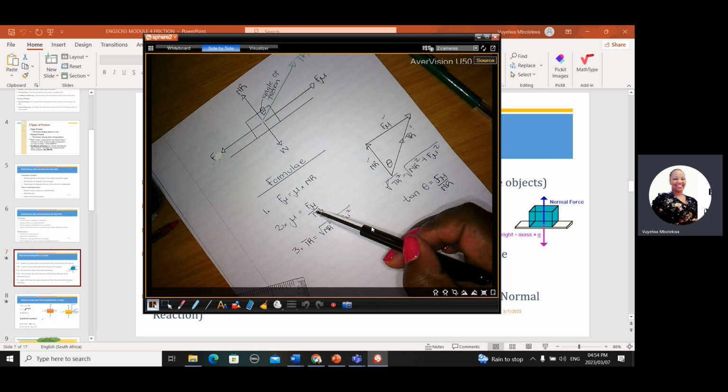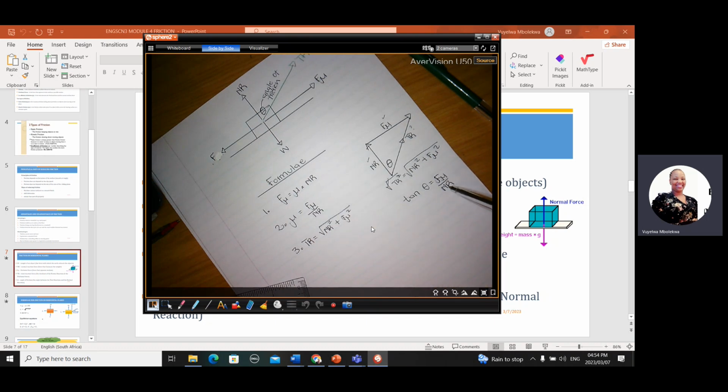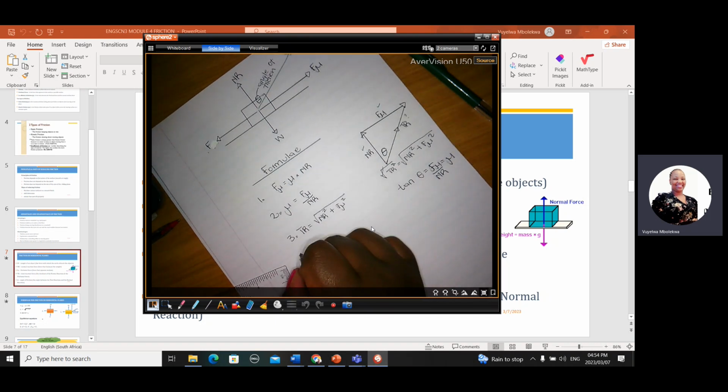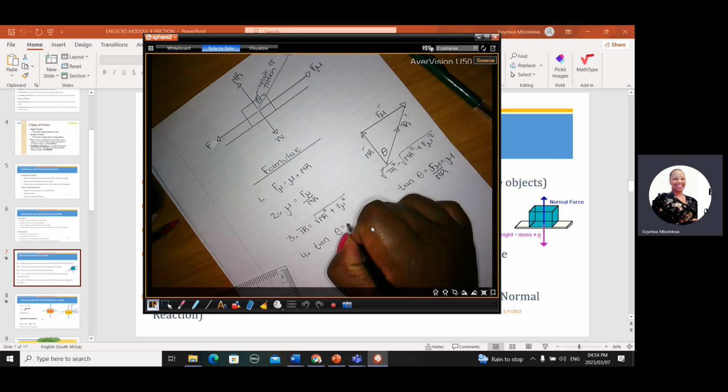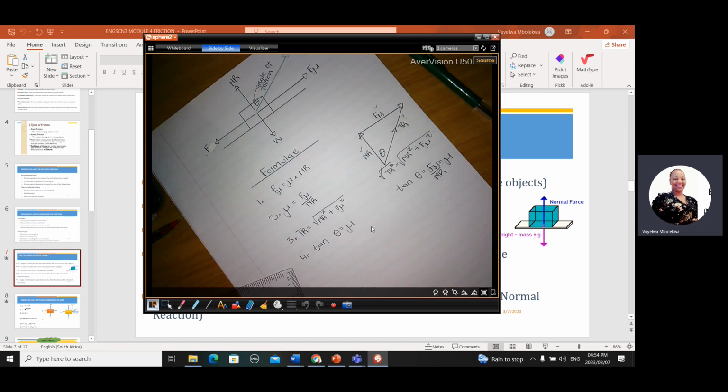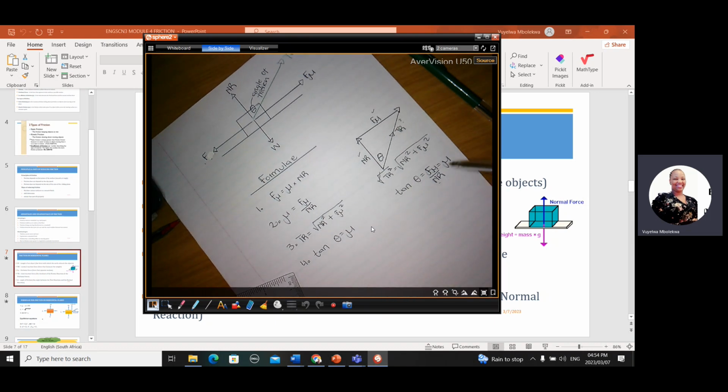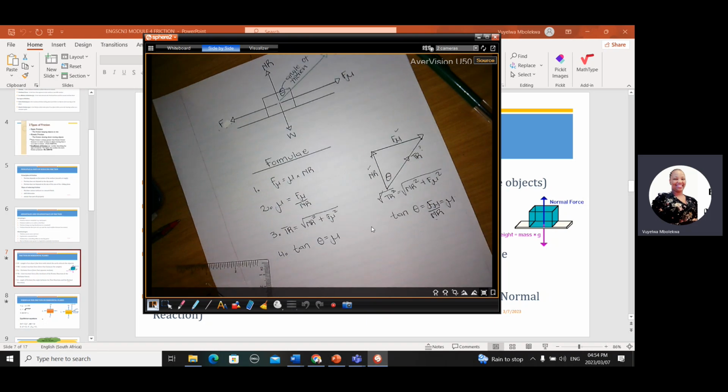Then if you look at this, you will remember that frictional force over normal reaction gives us the coefficient. So this is also equal to the coefficient. Therefore, to calculate the angle of friction, you can simply say tan theta equals the coefficient of friction, because the frictional force over normal reaction gives you the coefficient.